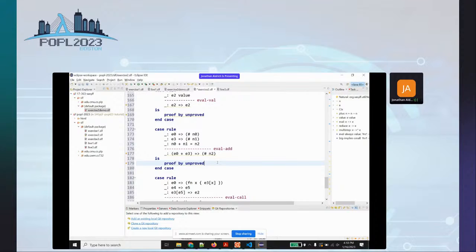Okay, so we're trying to show. We have a big step for add, and we want to show that this turns into a small step, right? So how could we do this? Well, by induction, we should be able to obtain a sequence of steps that reduce E naught to a number, and a sequence of steps that reduce E3 to a number.